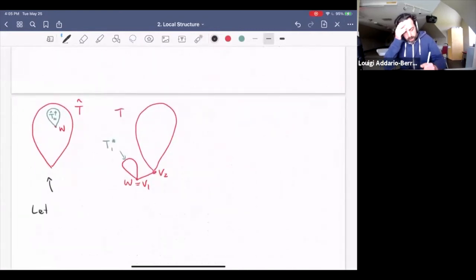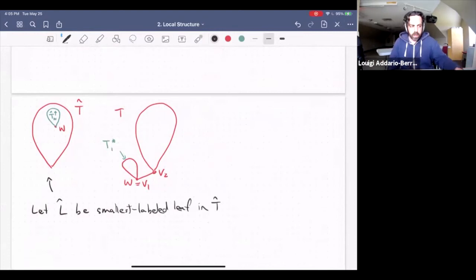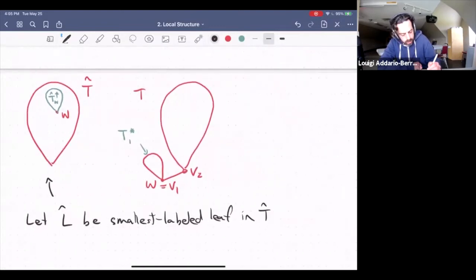Let L hat be the smallest labeled leaf in T hat. That could be anywhere in T hat. It could be in here, or it could be somewhere else.